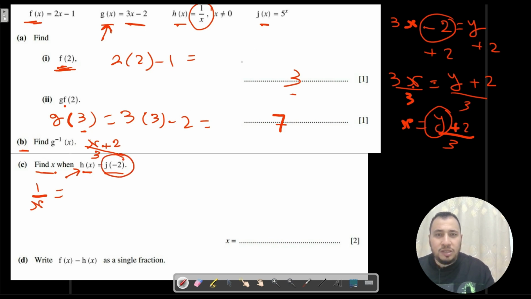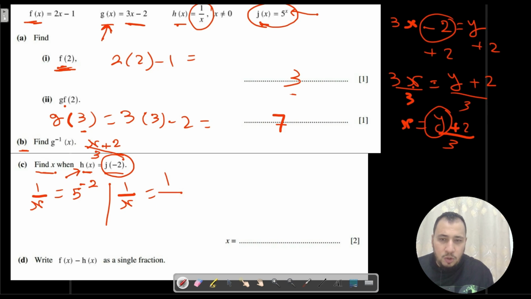J is here. So we go to this function, and I'm going to substitute the x in the power with negative 2. So it's going to be 5 to the power of negative 2. And now 1 over x equals 5 to the power of negative 2, which is 1 over 25. And simply you can say that x equals 25.